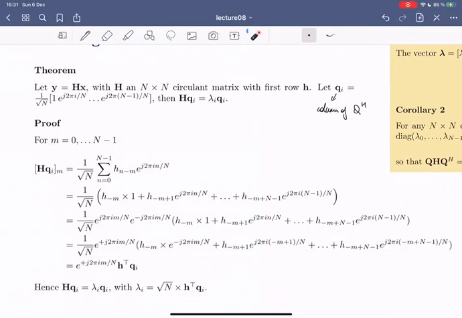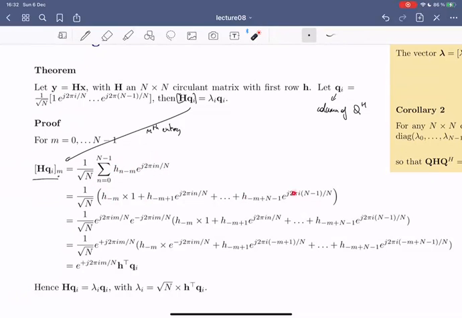The way that you prove this is you look at one entry of this vector. The mth entry, by definition, will be given by this expression. So I multiply 1 over the square root from here, these exponentials, and then I pick the correct values in the H matrix, and I use the fact that it's a circulant matrix.